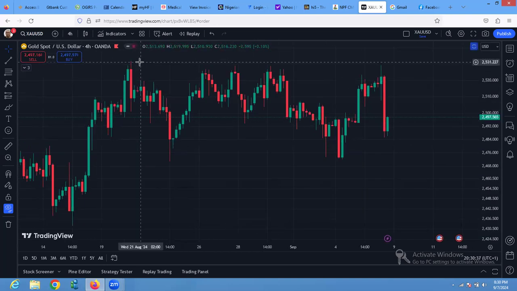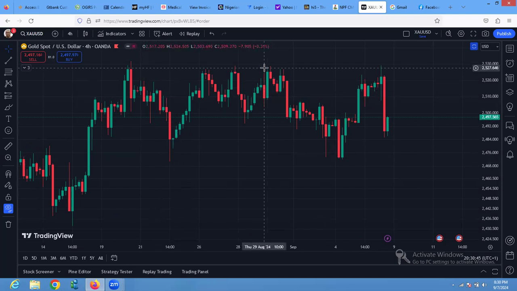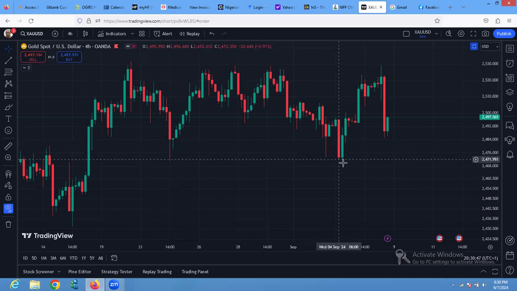We are seeing this trying to develop a more complex structure, around this area where we had this move and this move and this move to the downside. So it's developing as a more complex structure here now.